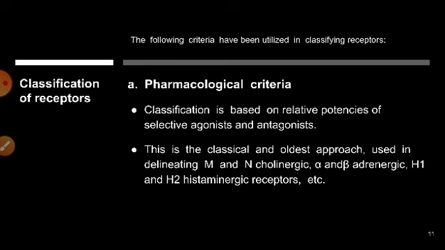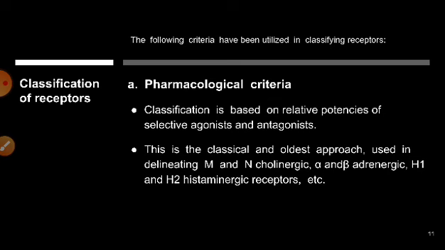Now, before going into the individual receptors, let me tell you about the general bases on which we have categorized the various receptors. What are these bases of classification of receptors? One is the pharmacological criteria, or the pharmacological basis. This is a very common and old method of classifying receptors.